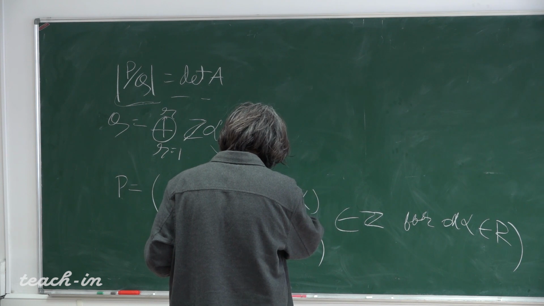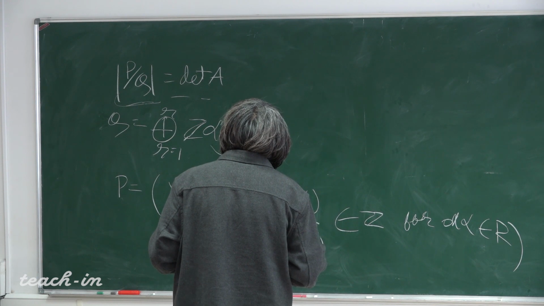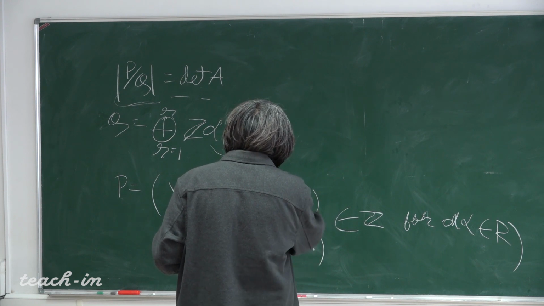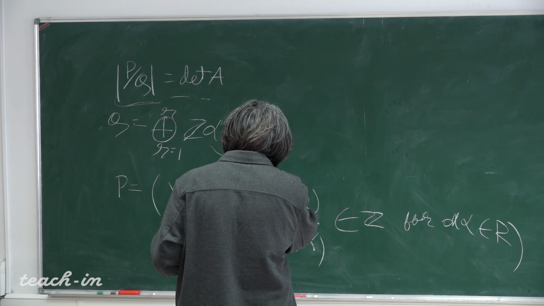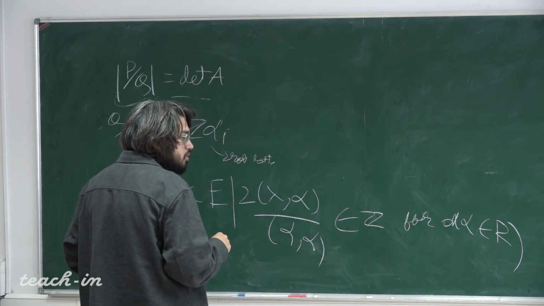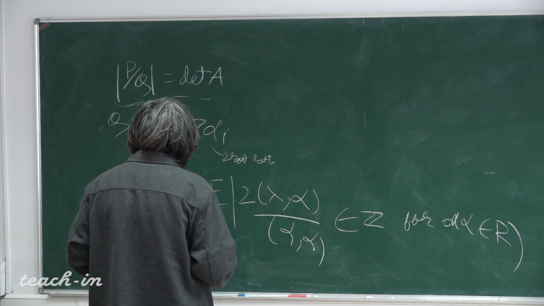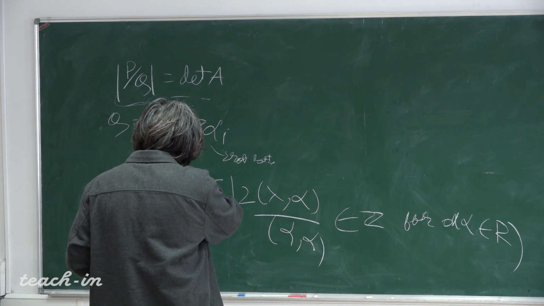So what do you need to check? You just need to take any element from Q and check the condition that you have in the definition of P, right?